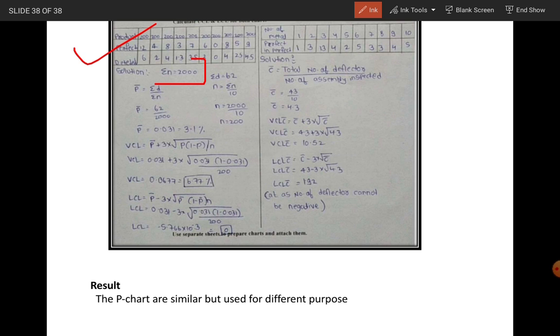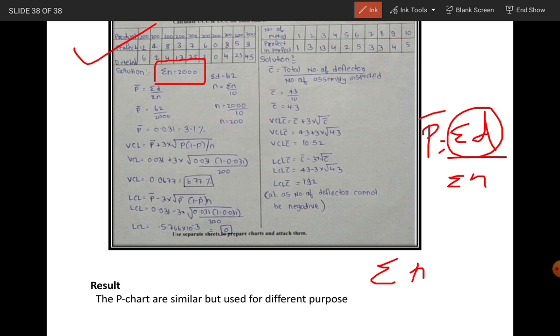Sigma n is the total number of products, which is 200. And p bar, for the p chart representation, is sum of d upon sum of n. Here the sum of d is the sum of all the number of defects, or we can say the mean number of defects.